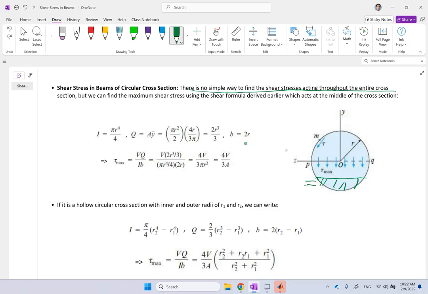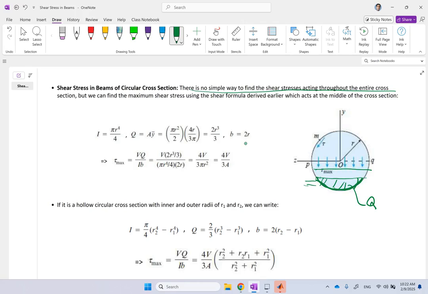The stress is applied to this curve. And also Q for this guy is not just a simple function because you're dealing with a section of a circle. And it's not like it's just one dimension of it that changes. In both dimensions it is changing, so it is very complicated.